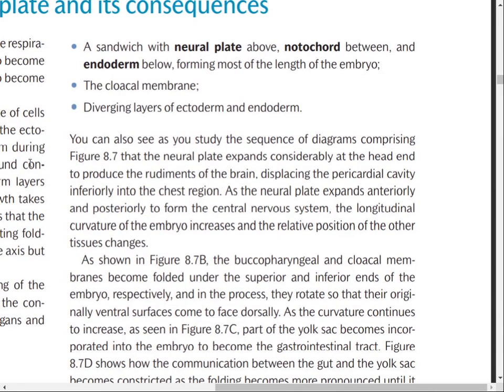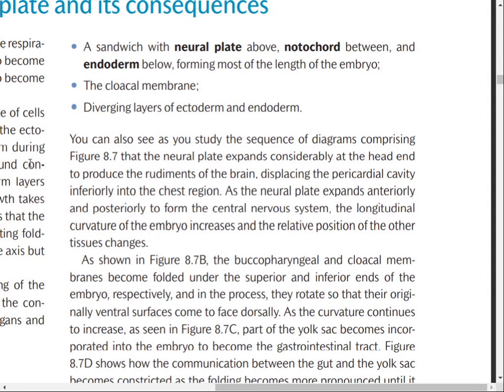A sandwich with neural plate above, notochord between and endoderm below, forming most of the length of the embryo. The cloacal membrane, derived from layers of ectoderm and endoderm.